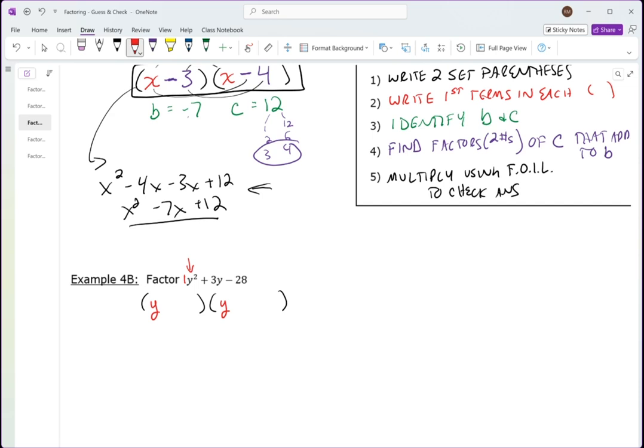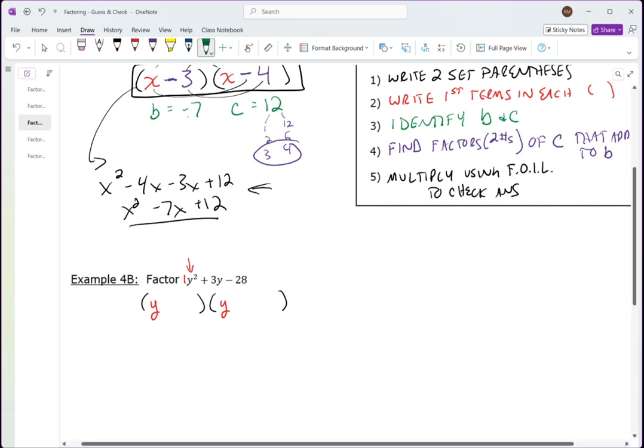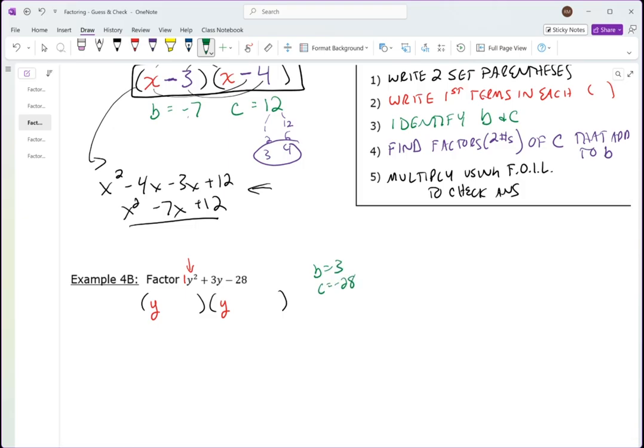Now I see that B is 3 and C is negative 28. Sometimes I just want to think of factors of 28, and if you're not sure, you can make guesses. So you could try 2 and 14. Now, since B is positive, I'm going to make the bigger number positive.